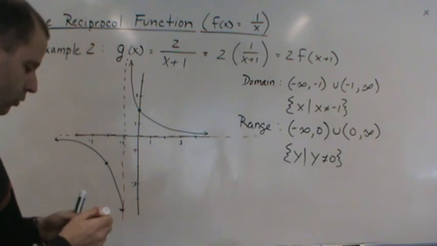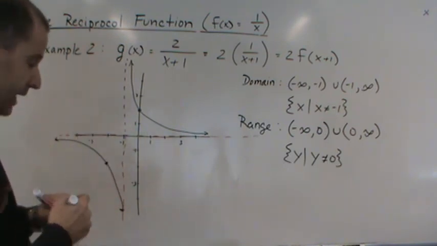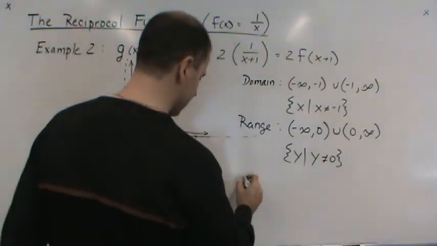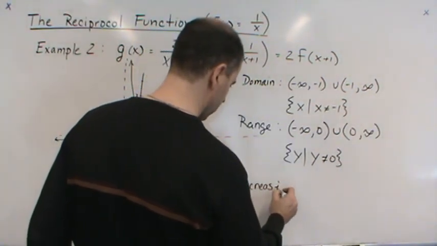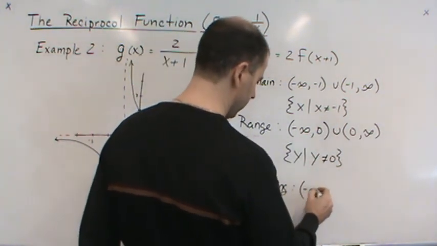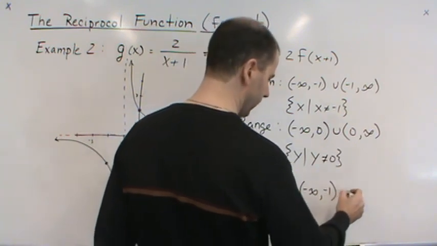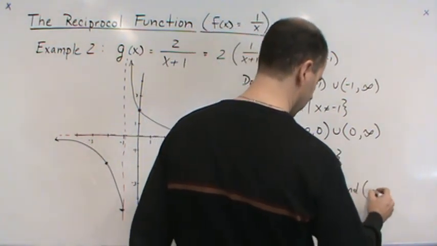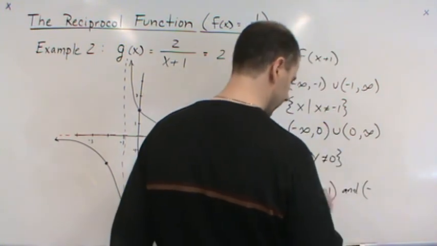Okay? So, well, not exactly everywhere, but it's not increasing anywhere. So we would say this is decreasing on the interval from negative infinity to negative 1, and from negative 1 to positive infinity.